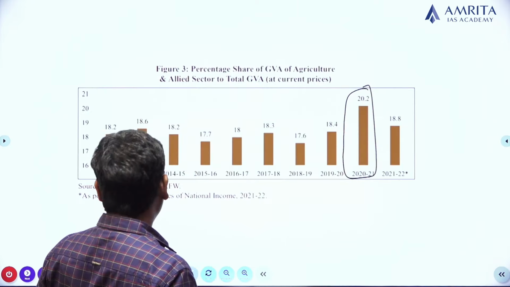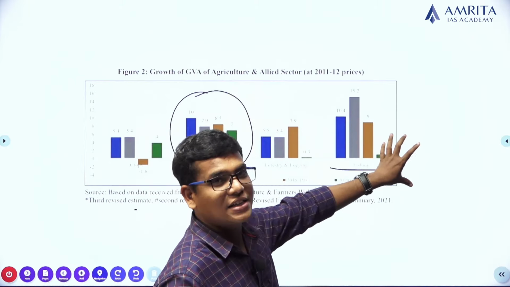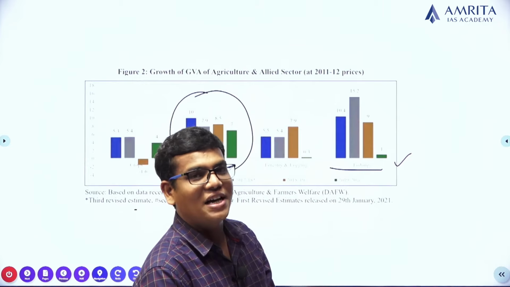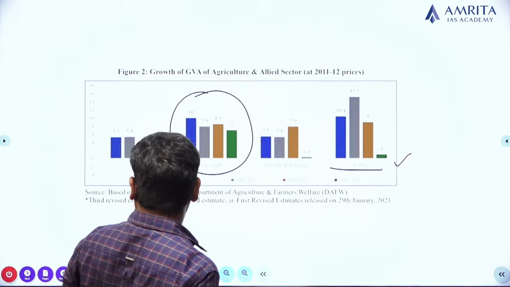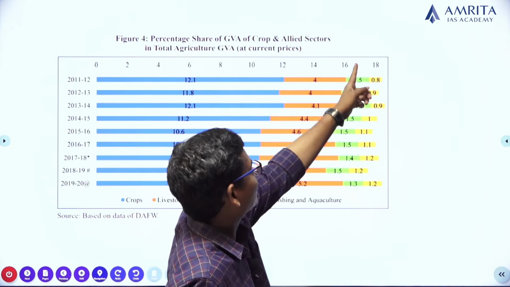That is the reason why even if there is a huge increase or huge decrease in fishing, it may not have much impact on the overall GVA of the agriculture and allied sector, because its share itself is very less.